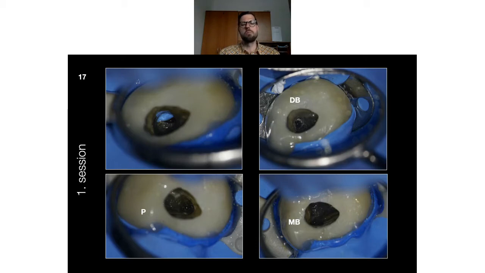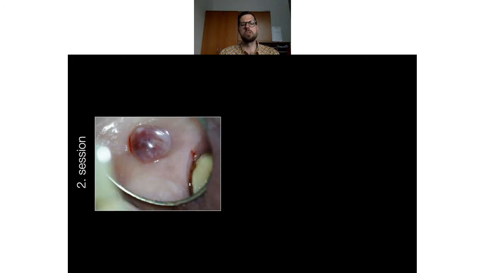And I found a perforation that went under the crown, and I thought, okay, this is the reason why the pus discharge and the problem on the tooth is. So I sealed it, and the patient came to the second session, and the pus discharge was still there. So I knew there must be another reason.